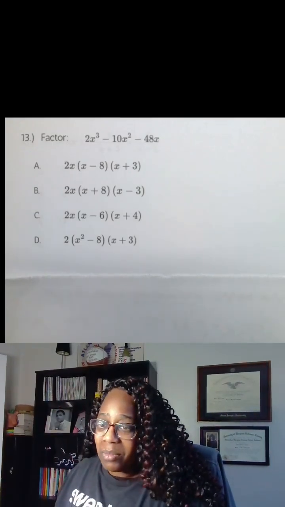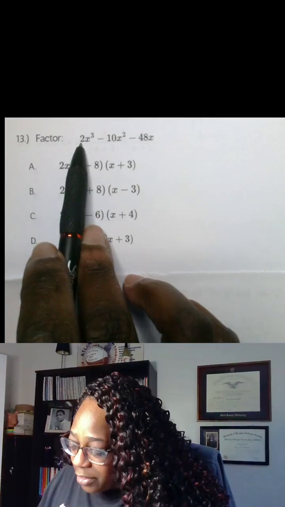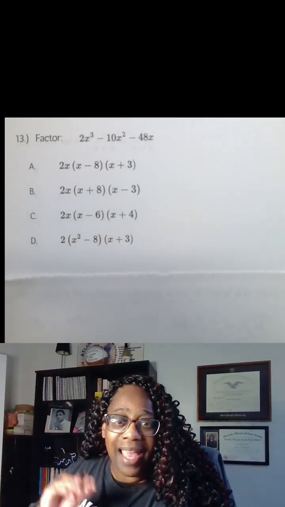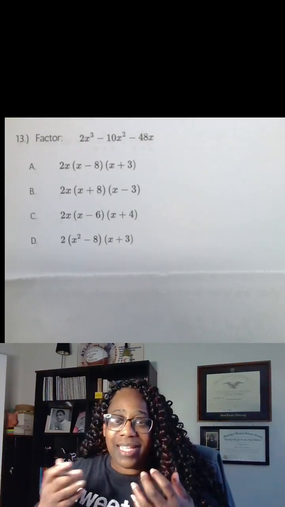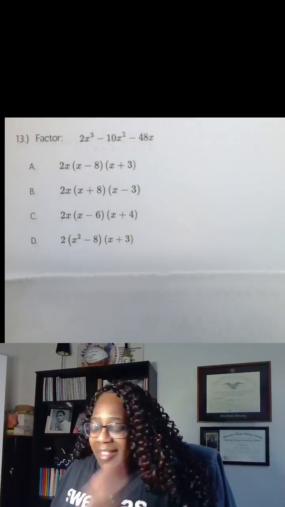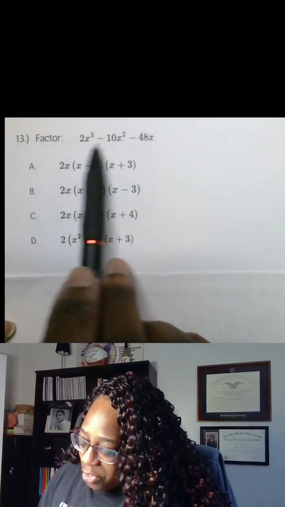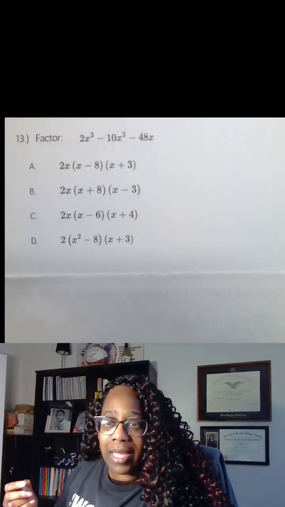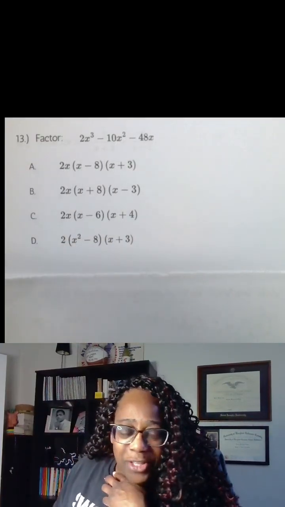All right. So here we go. First thing, I see 2, I see a negative 10, and I see a negative 48. Right off the bat, they're all even. If all of them are even, that means there is a GCF that needs to come out. 2, 10, and 48 are all even numbers.